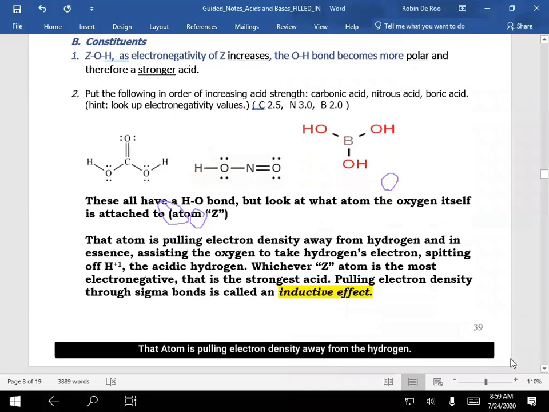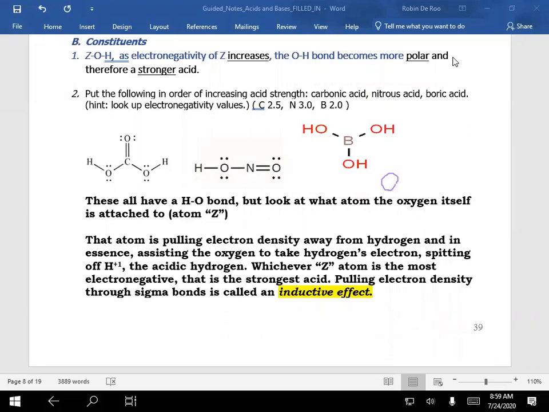That atom is pulling electron density away from the hydrogen. It's splitting off the H+, the acidic hydrogen. Whichever Z atom is the most electronegative, that is the strongest acid.